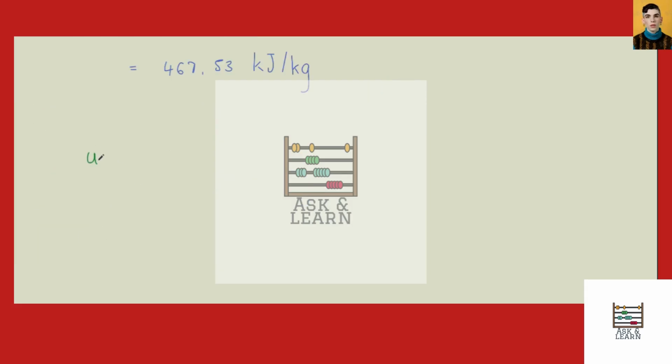Now that we have the internal energy at the final state, we can go to our tables and look for the final internal energy that corresponds with 467.53 kilojoules per kg and a specific volume v2, which is the same as v1, and that's 0.001008 cubic meters per kg.